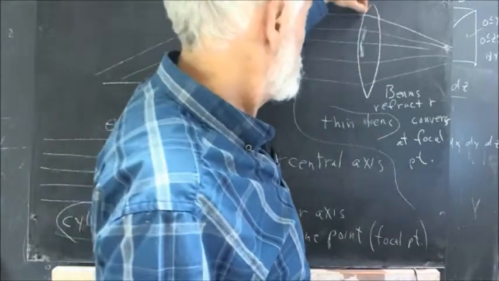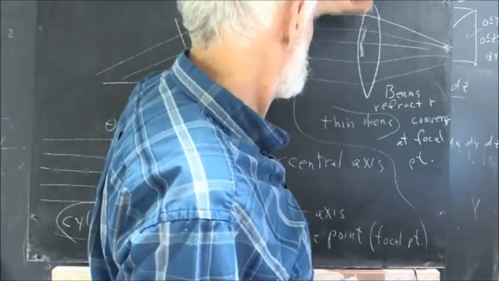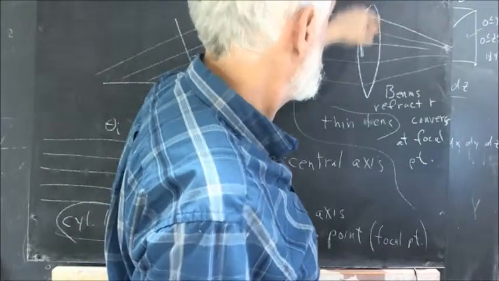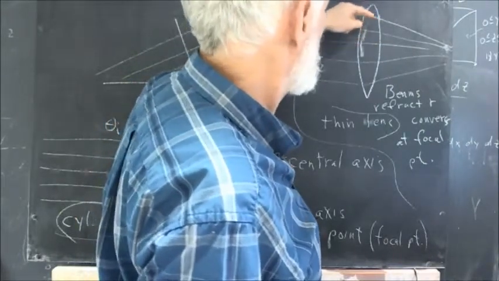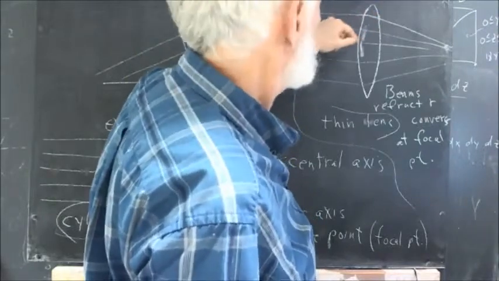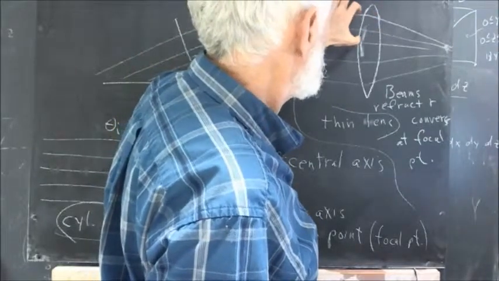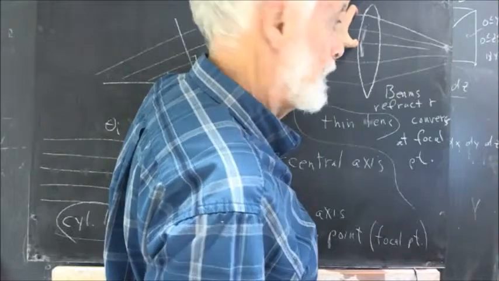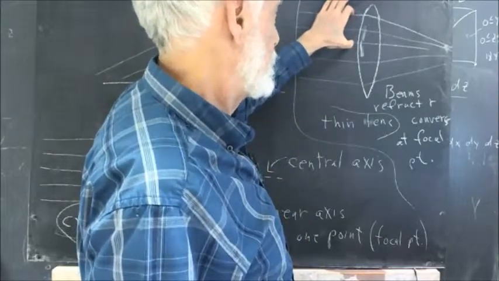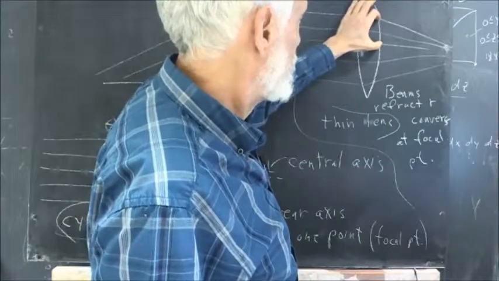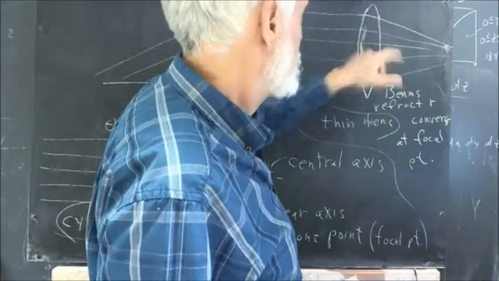There is a bit of offset between the distance of the beam coming in relative to the central axis and where the beam comes out of the lens. It's going to be a little closer to the central axis.